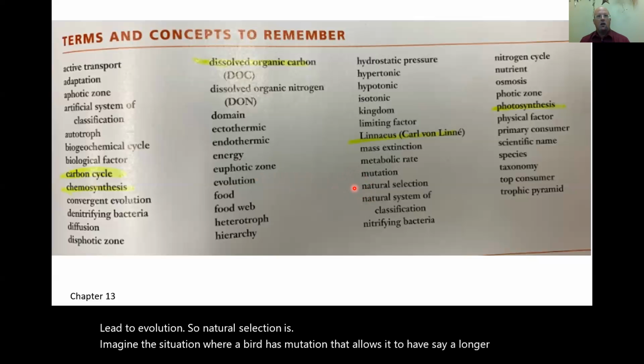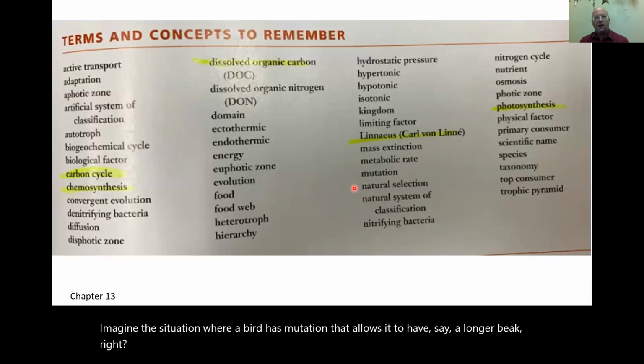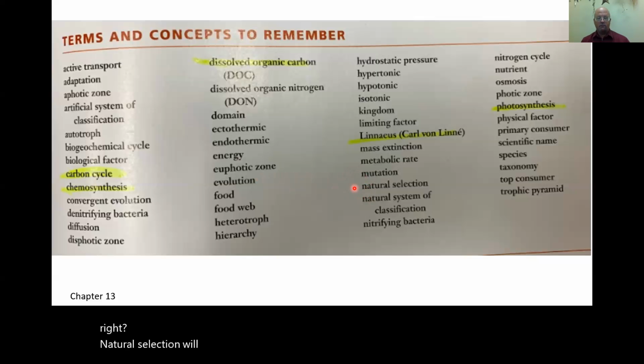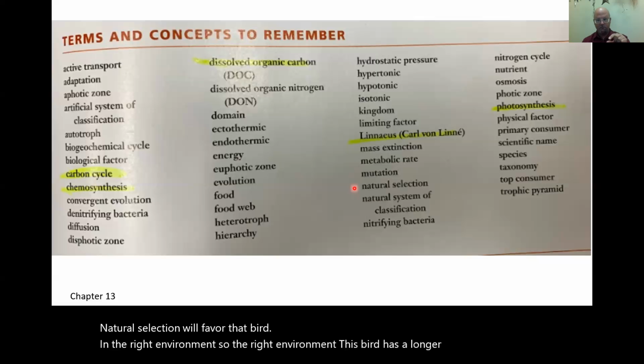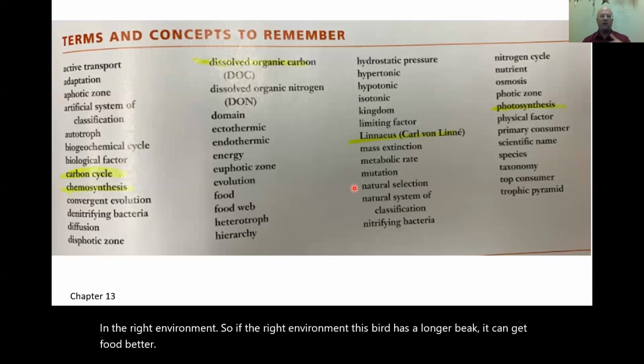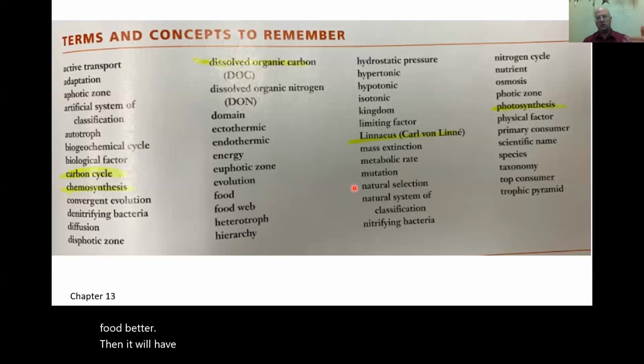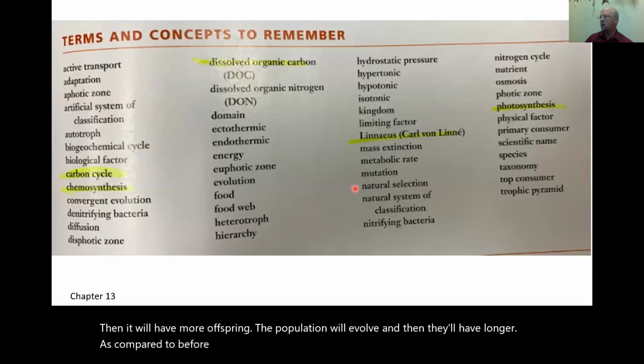Natural selection will favor that bird in the right environment. If the right environment, this bird has a longer beak, it can get food better, then it will have more offspring. The population will evolve, and then they'll have longer beaks as compared to before. So that's natural selection.